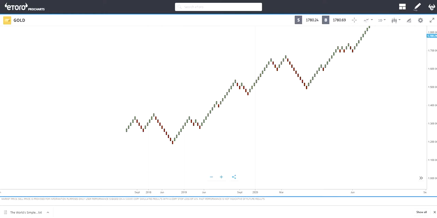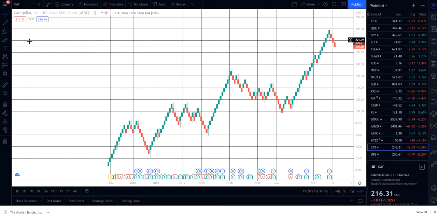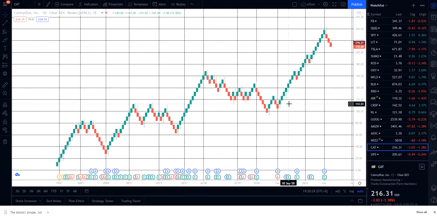If you also want to check on other platforms like TradingView, you can see again that, for example, Caterpillar, at the moment we are looking at that. We have wave 1, 2, 3, 4, 5, and then go on.